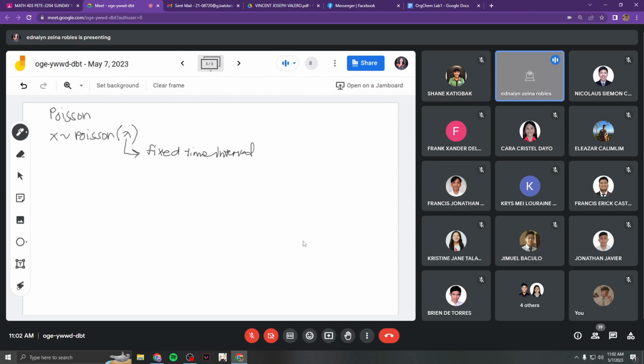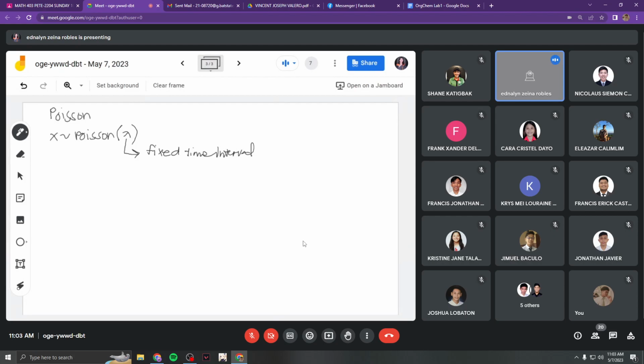So in Poisson, for example, from 0 to 10 minutes, how many black cars are we observing on the road. So when we are talking about Poisson, we have a fixed time interval. Unlike the other, where we do a series of repeated trials until we get the number of successes that we need to attain.